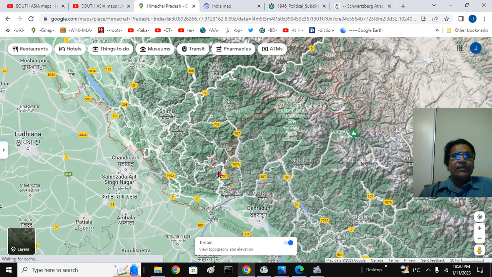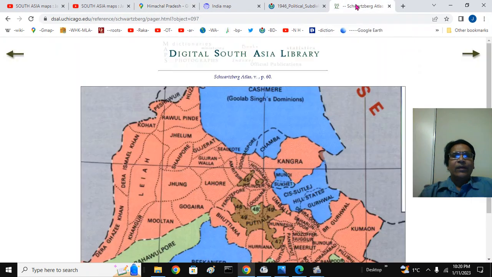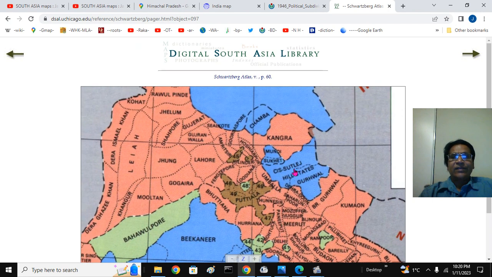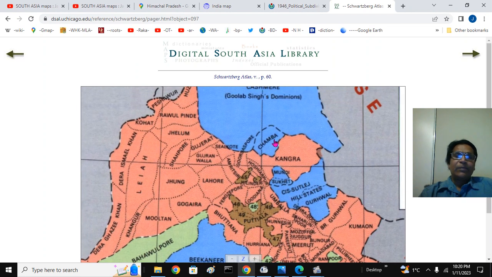So this is essentially showing the same thing. And in the Spruner atlas you can see these are the hill states. Cis-Sutlej means south of Sutlej. You can see Mandi state and Suket state north of Sutlej. So they are not Simla Hill states. This is essentially the Bashar region. This is the Chamba princely state. Here we have not shown separately Bilaspur state somewhere here.